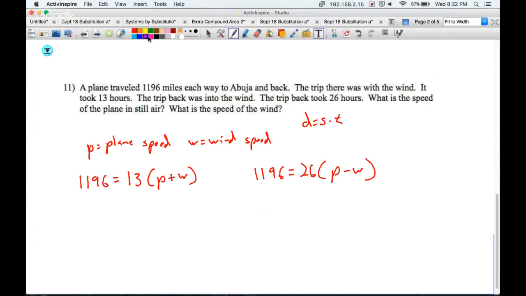Let's look for a way to simplify these by dividing this one by 13 and this one by 26 from both sides.